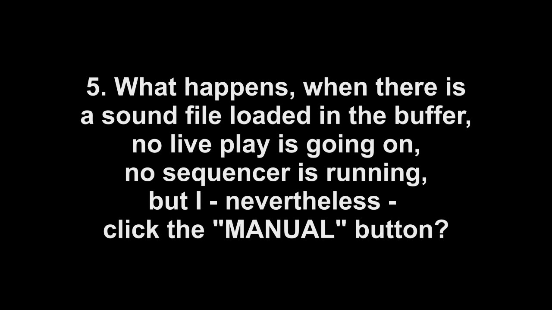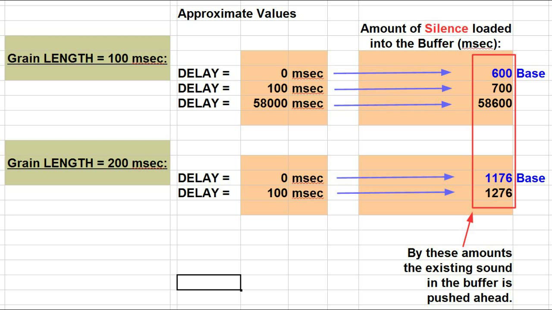Question 5. What happens when there is a sound file loaded in the buffer, no live playing is going on, no sequencer is running, but I nevertheless click the manual button? Answer: the sound in the buffer is pushed ahead and replaced by silence.